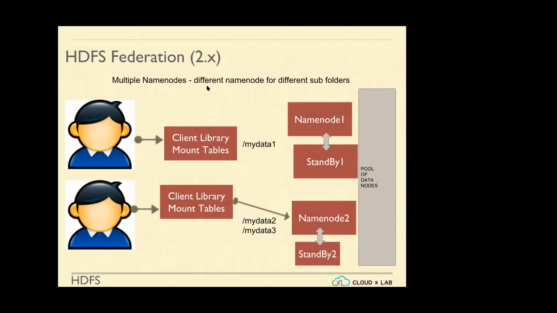Question from Grishma: won't multiple name nodes be a bottleneck, in case the same file has multiple blocks and each block's entry is on a different name node? No. One file will always be at one place. It won't be at two name nodes, because the mapping between the folder and name node is there. So one file will be on one name node.